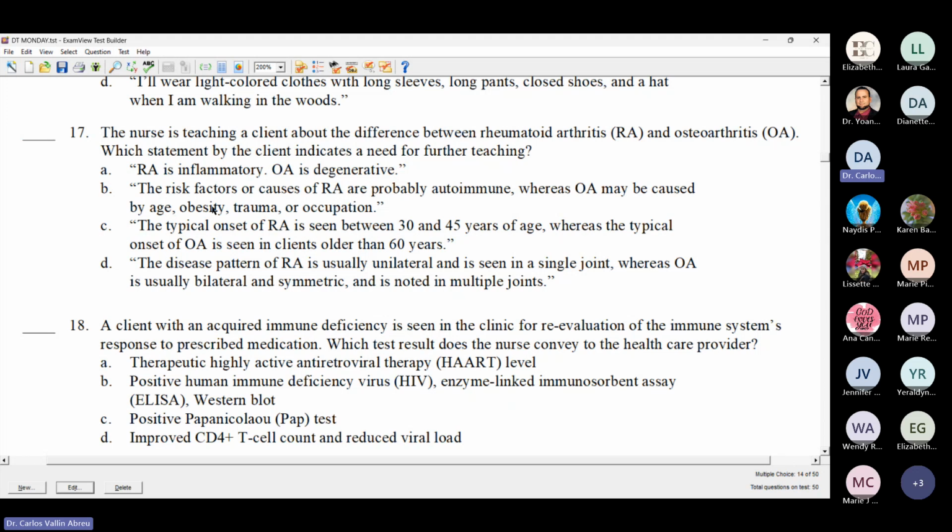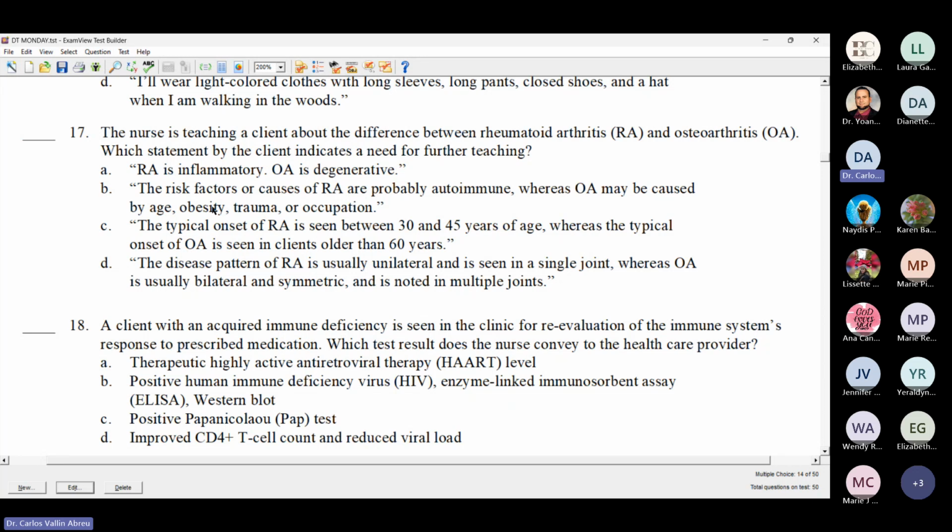And it's an important concept. You can have a question in NCLEX about which are the risks that obesity brings. You have diabetes, hypertension, coronary artery disease, and then you have osteoarthritis, degenerative joint disease, especially of hip and knees. And you know that is true. Trauma and occupation, of course, are important.